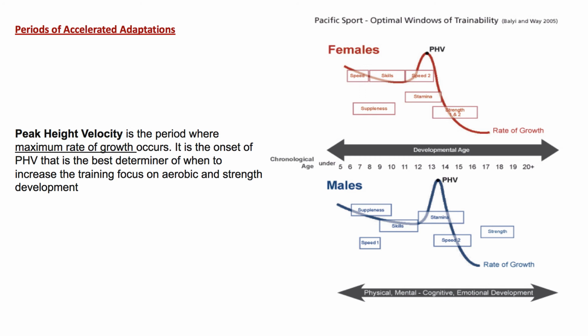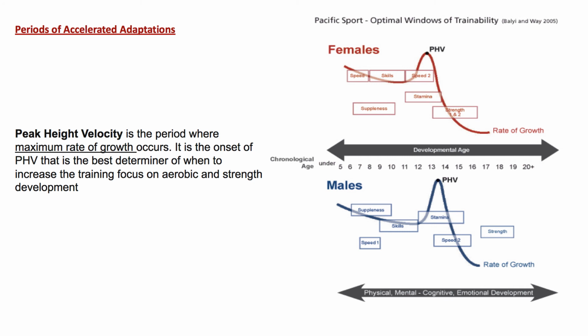And it's usually the time where you want to develop endurance as well as strength focus in female younger athletes. For males, peak height velocity happens a little bit later at around 13 and a half to 14 years of age. As you can see, it's usually around the peak height velocity where you really have these accelerated adaptations in endurance as well as strength, as well as speed. So the rate of growth and the rate of development is accelerated during these times.